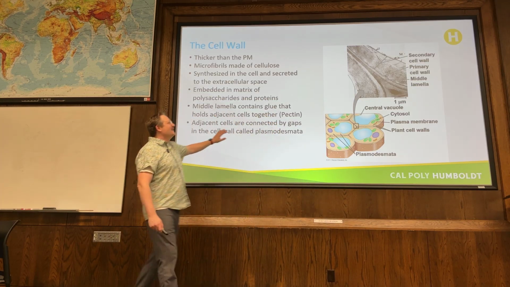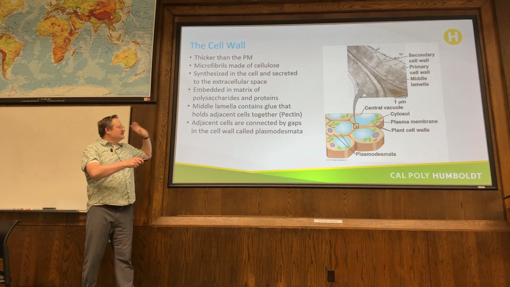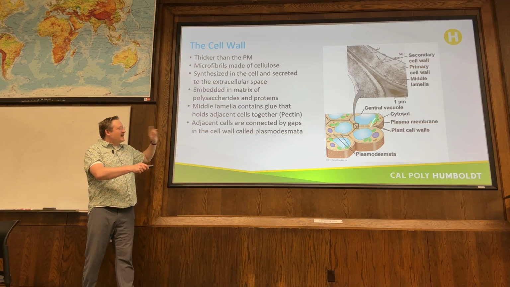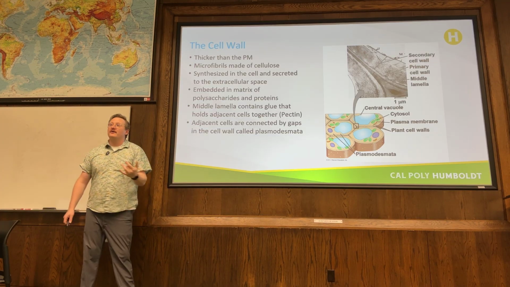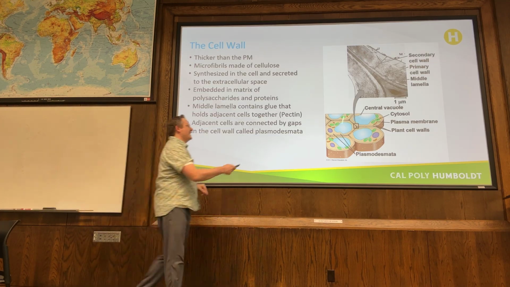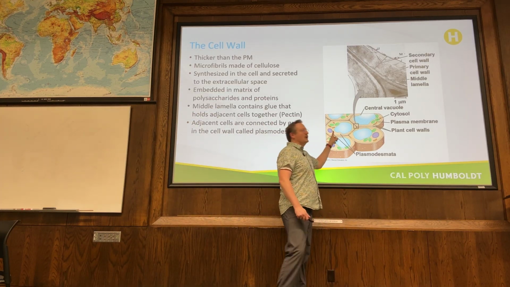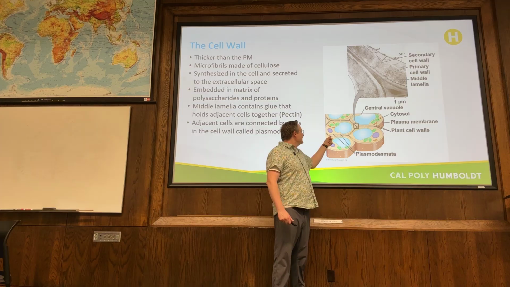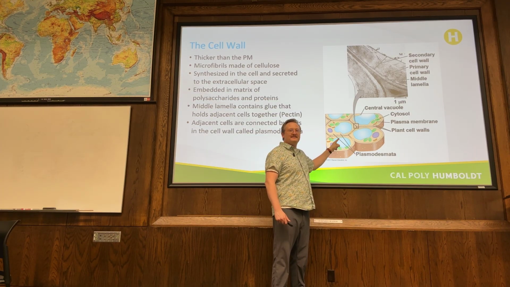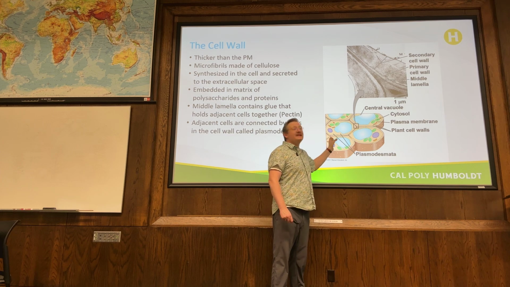Okay, so cell wall, solid, it exists. Plasmodesmata, you should be aware of. Plasmodesmata provide continuity between adjacent cells. They are essentially little hallways between the cells. And look, the plasma membrane is even kind of continuous between these, all right? They're tightly regulated.